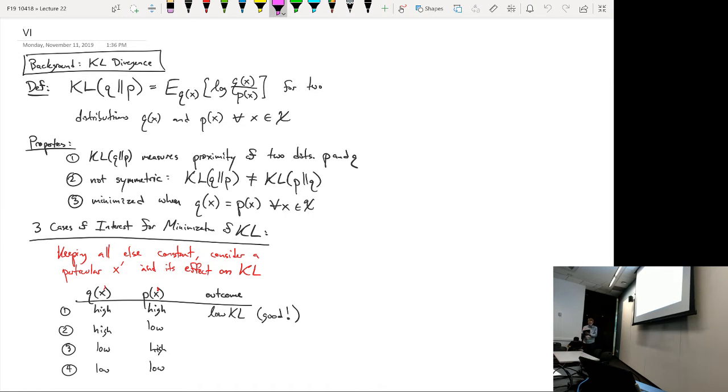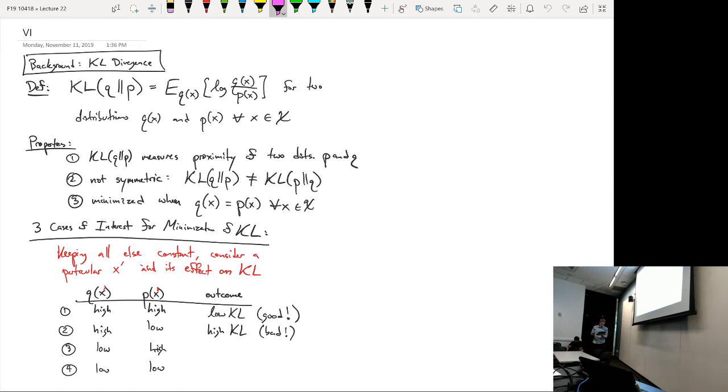Yeah, so it's going to be high KL this time, which, for our purposes, if we're trying to minimize, is bad. And why does this happen? Well, if Q of x is high, then again it makes a big contribution to that integral or sum that is the expectation. And the ratio Q of x over P of x is going to be some positive number, and we just take its log, it's going to be some positive number still.